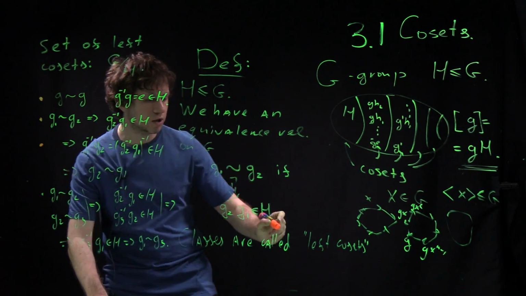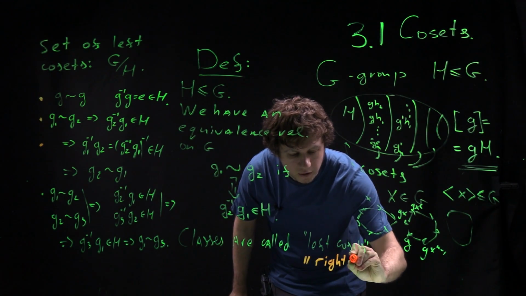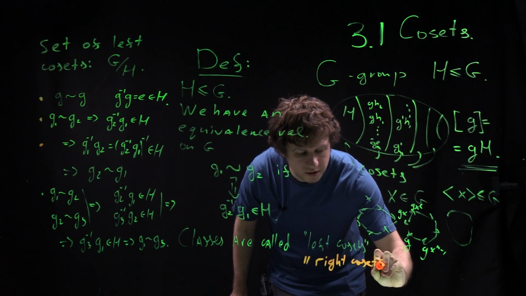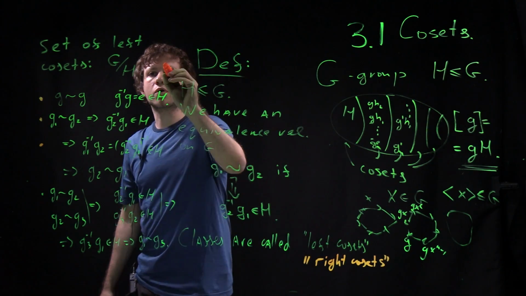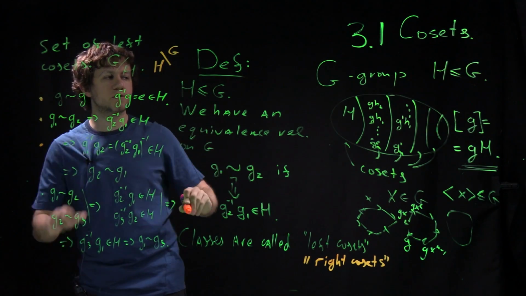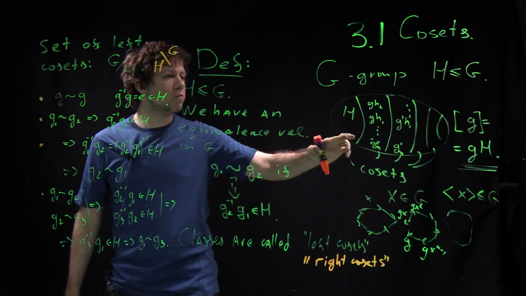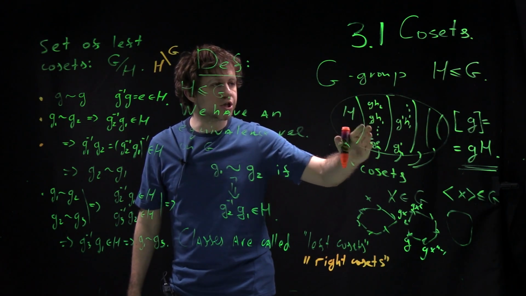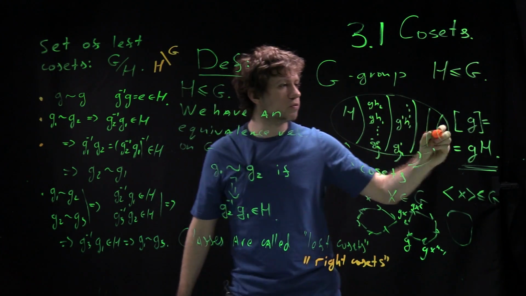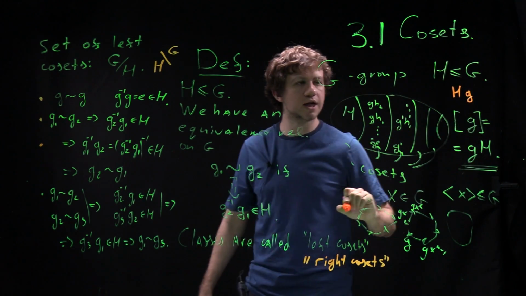So what about right cosets? Let's do that as well. Of course here we will do HG, in the other order, for notation. So the notation will be H times G for the right coset.